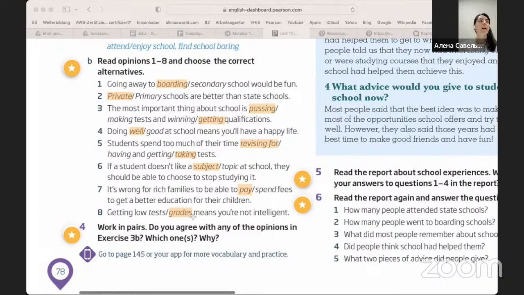I don't know, I've never been in boarding school, but I suppose that's really a fun time in this school because children live in this, and spend a lot of time together. And I think they have a lot of activities outside of the school.